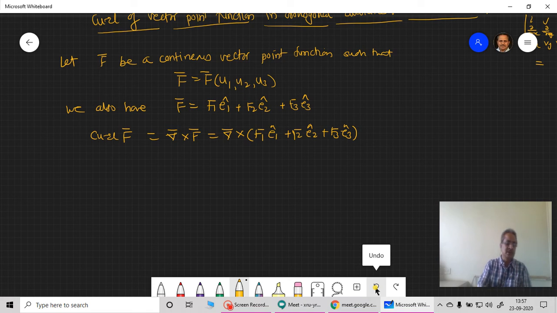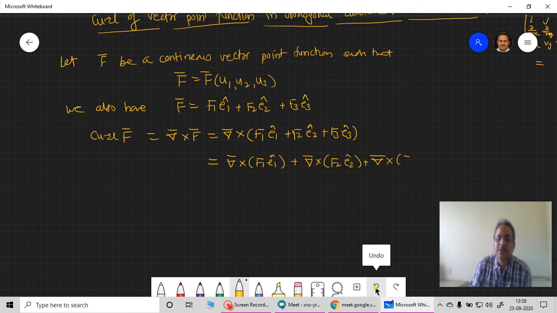As this del bar cross has three components, it can be separated using simple mathematics: del bar cross f1 e1 cap, plus del bar cross f2 e2 cap, plus del bar cross f3 e3 cap. You can call this equation 1.